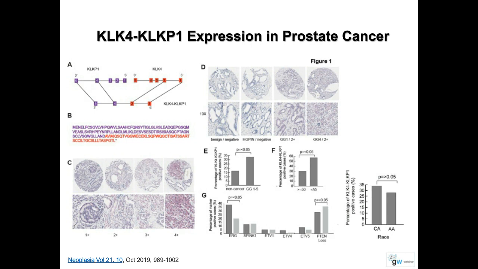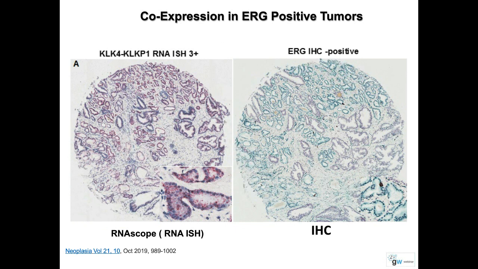The next slide shows the concomitant expression of KLK4 fusion in the ERG positive tumors. On the right side, we did immunohistochemistry using the ERG antibody, and all the green signal shows the ERG protein expression only in the tumor tissue but not in the benign.